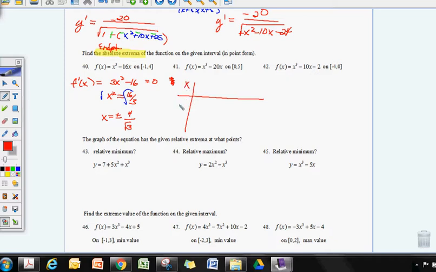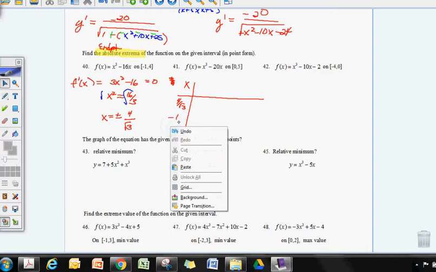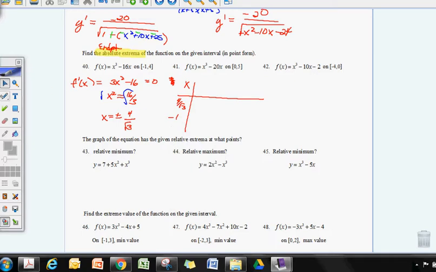I've got my x values. I am going to test 4 over root 3, I am going to test negative 1, and I'm going to test positive 4. I am not testing negative 4 over root 3, because remember, it's got to fall in there, and negative 4 over root 3 is less than that.